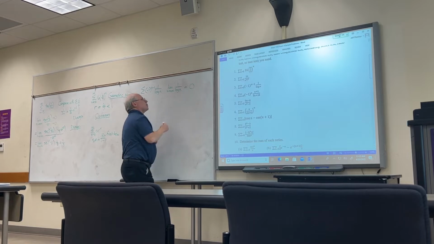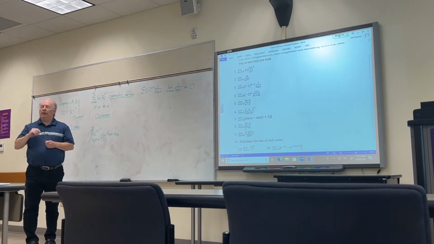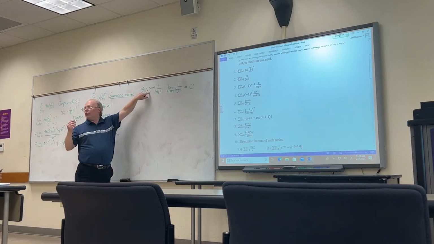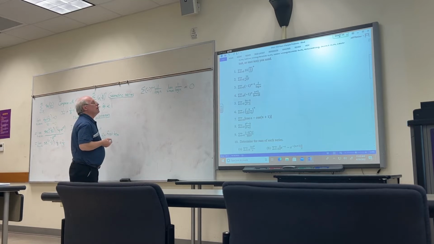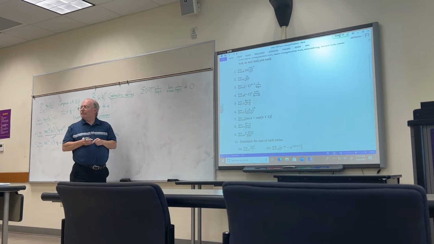This factor is alternating between 1 and -1. That's what makes it an alternating series, the fact that the signs alternate. So this power of -1 just gives you the signs.